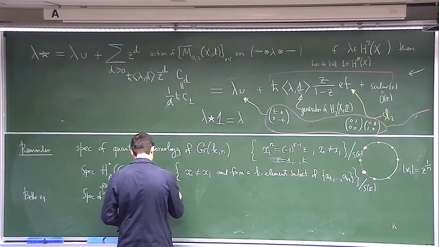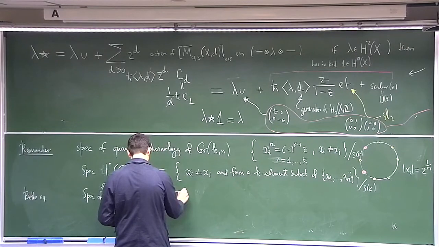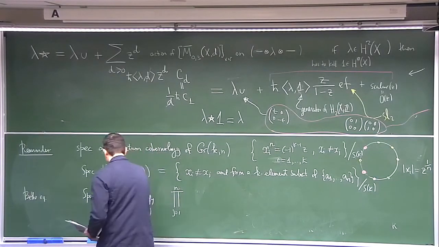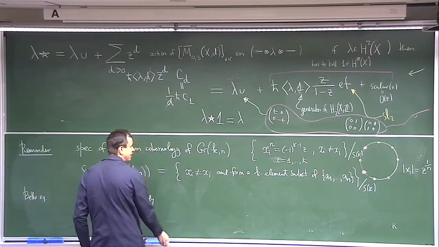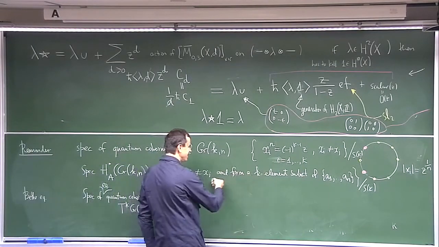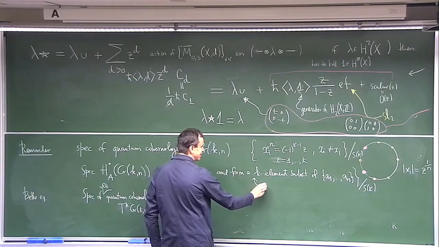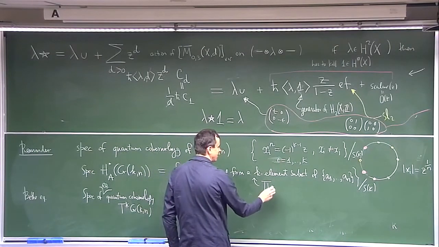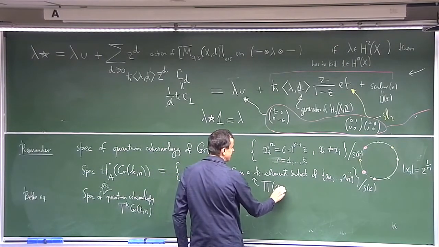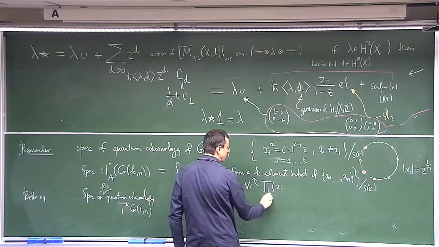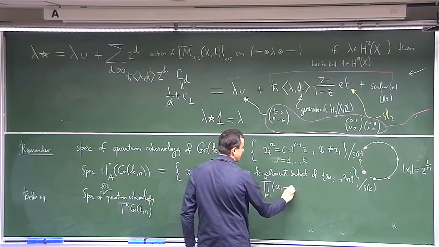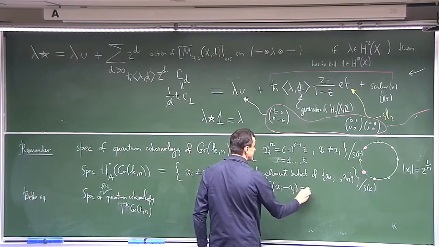And the way it goes is like the product over j from 1 to n. Maybe the way to write this equation is that for any i, you take the product over j from 1 to n of (x_i - a_j), and this is 0.